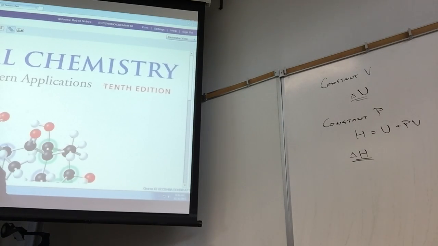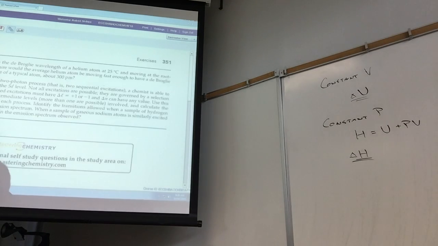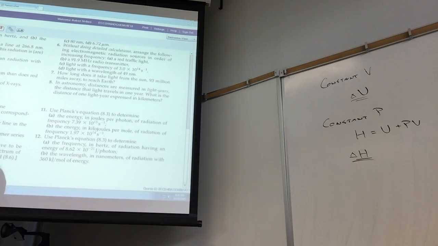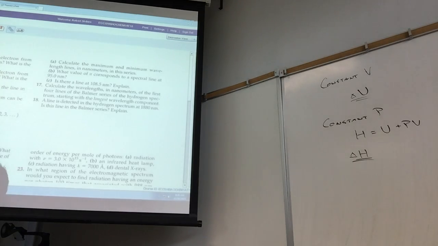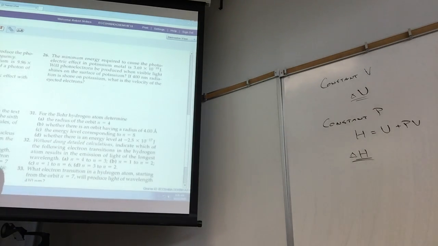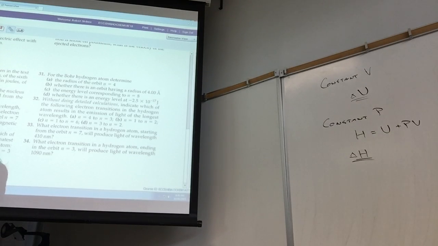We have two ways of doing particular chemical reactions that we focus on, and those two ways are we're going to do it under constant volume or we're going to do it under constant pressure. Sometimes we do it under one way, but we want the energy information for the other way, so we have to make comparisons.